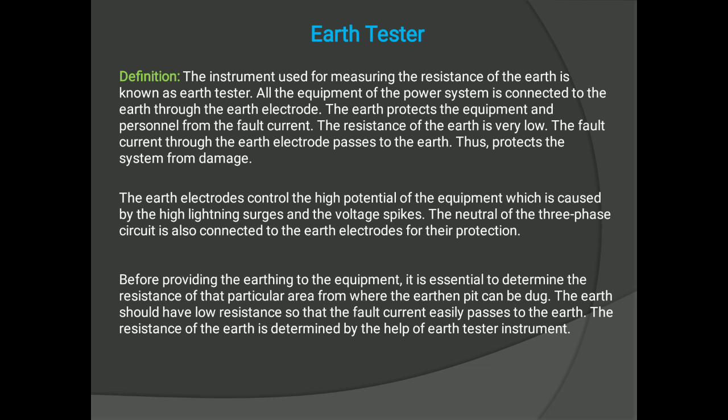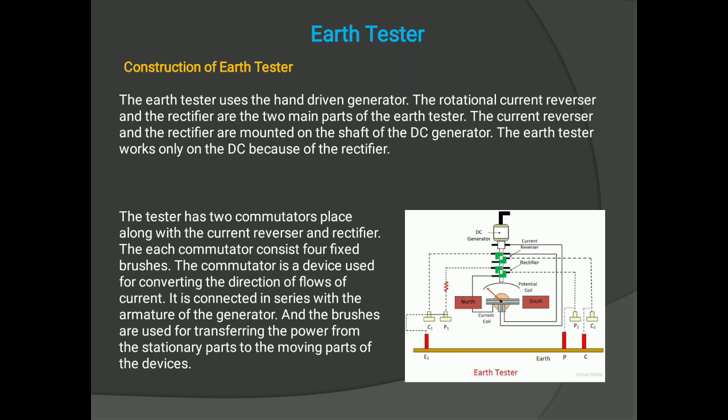The earth resistance can be measured with the help of the earth tester or a megger earth tester, and it is essentially a direct reading ohm meter and a hand driven generator which supplies the testing current. Here we see the diagram. The earth tester works only on DC because of the rectifier.